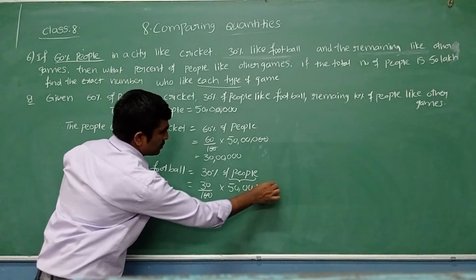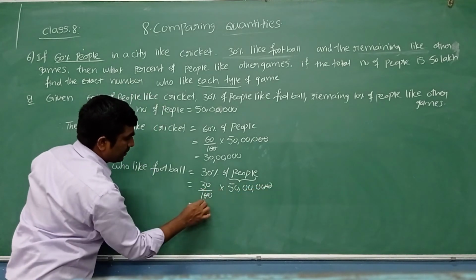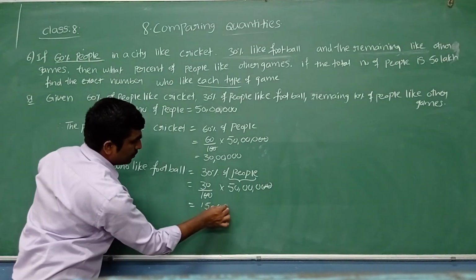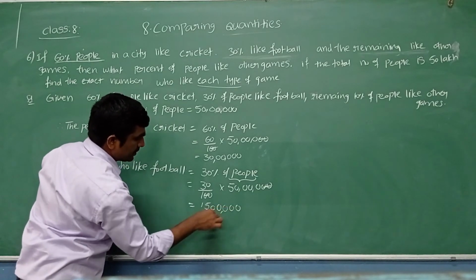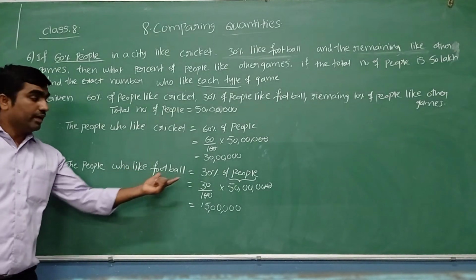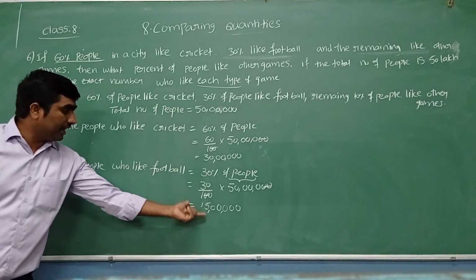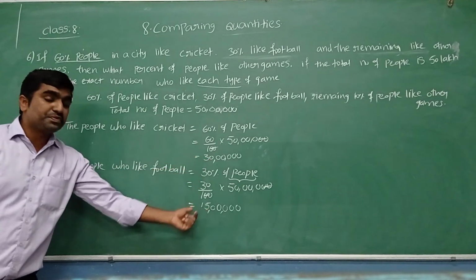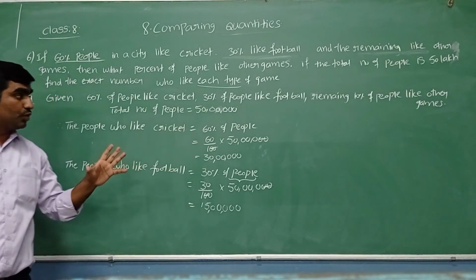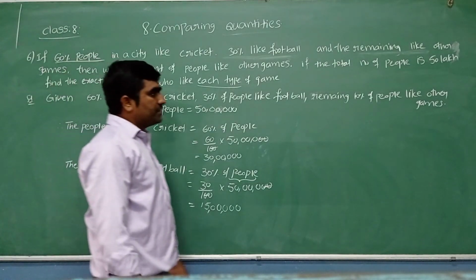Simplify, 2 zeros cancel. 3 fives are 15, and 5 zeros. What can we write now? 15 lakhs people are interested in football. 30 plus 15 is 45 lakhs. 50 minus 45 is 5 lakhs. And those 5 lakhs people are interested in which games?